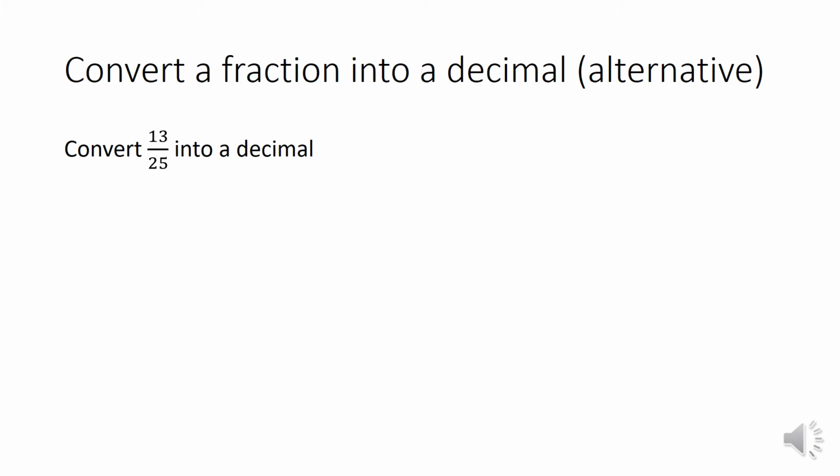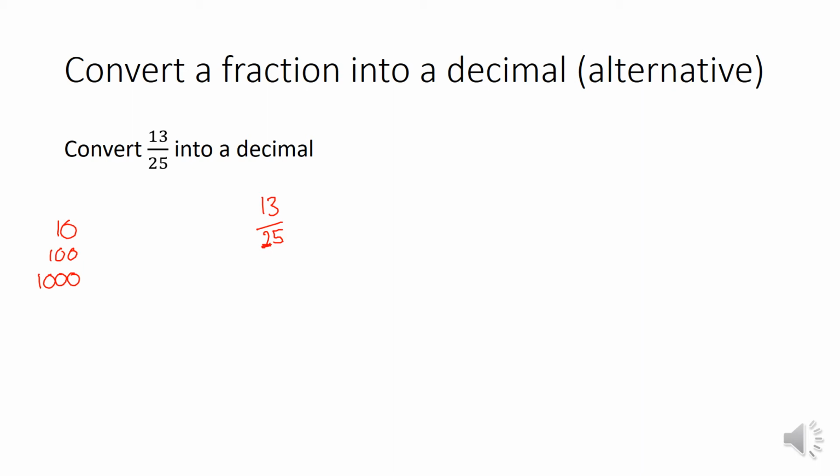Okay, so 13 25ths. So let's think about how we can do this one. So again, we could do it with division, that would be fine, but we are going to do it using our new method. So things we can try and get it to be 10, 100, 1,000. We're going to try and get the denominator to be one of these numbers.